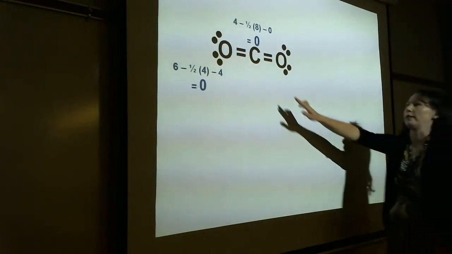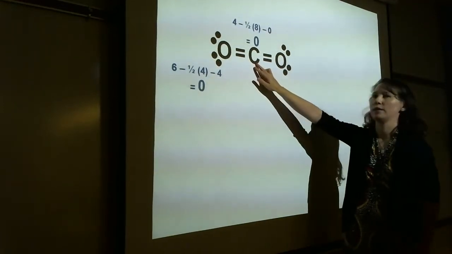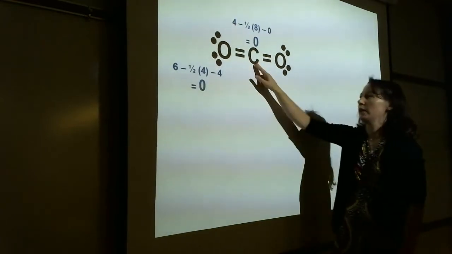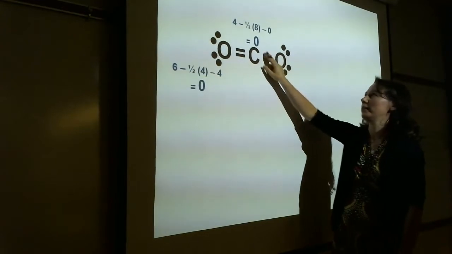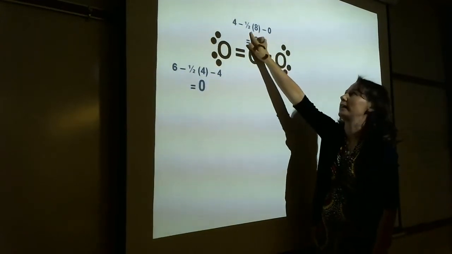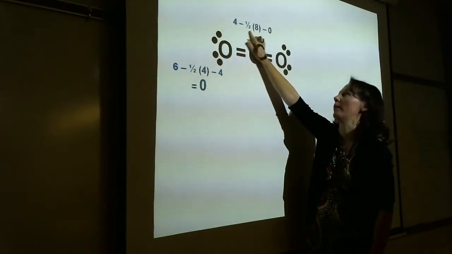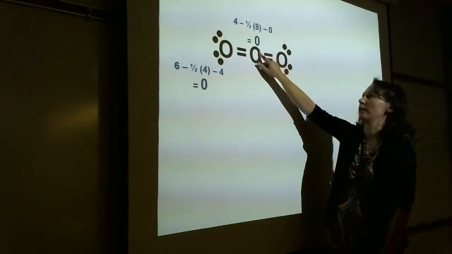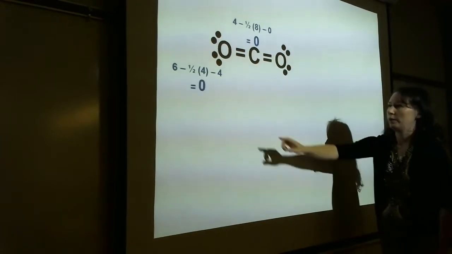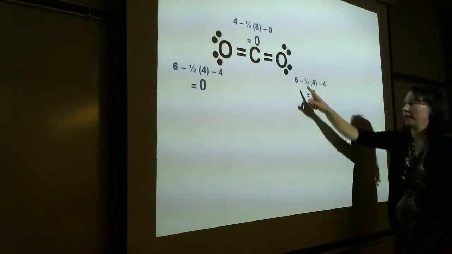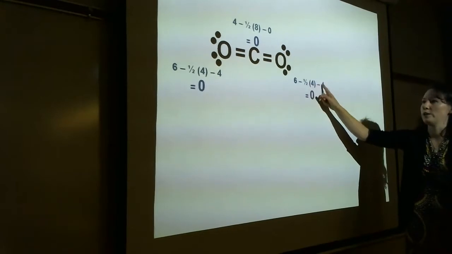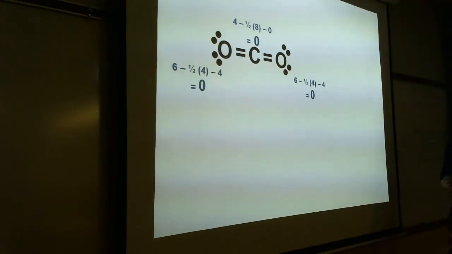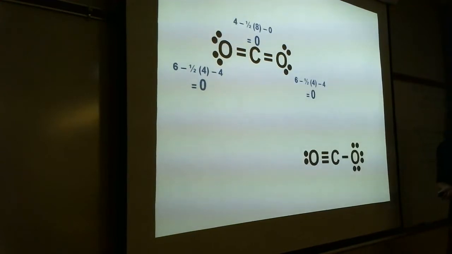Carbon's got 4 valence electrons, because its location on the periodic table tells me so. There are 8 bonding electrons, and half of that is 4. So 4 minus 4 minus 0, it has no lone pairs. So its formal charge is 0. And the oxygens, as we already calculated, 6 minus 1/2 of 4 minus 4 gives me 0. So 0, 0, 0.